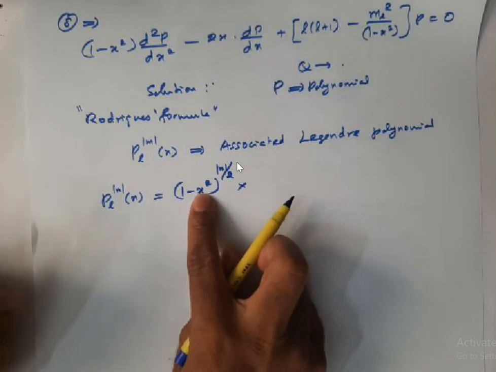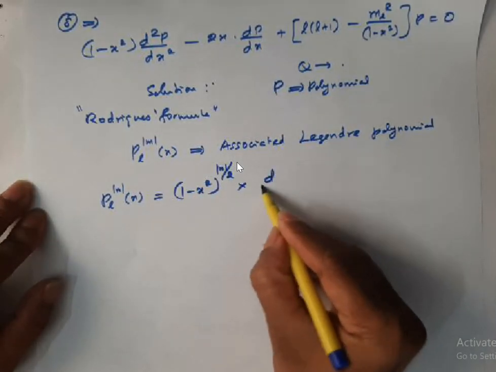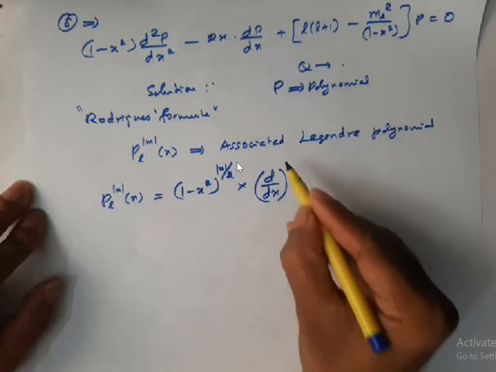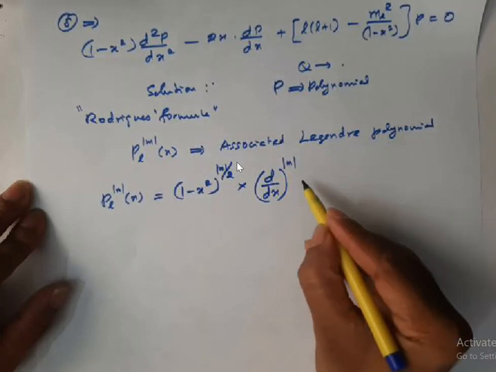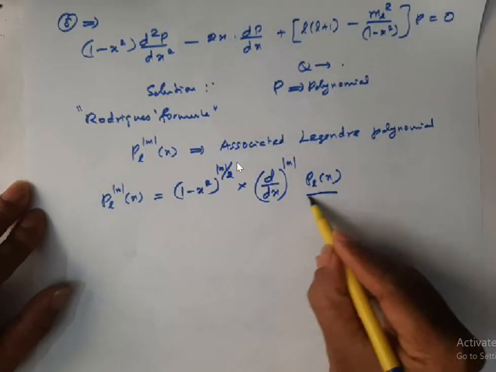The answer is this: 1 minus x square power modulus of m by 2. This will take care of the function when x approaches plus 1 or minus 1.